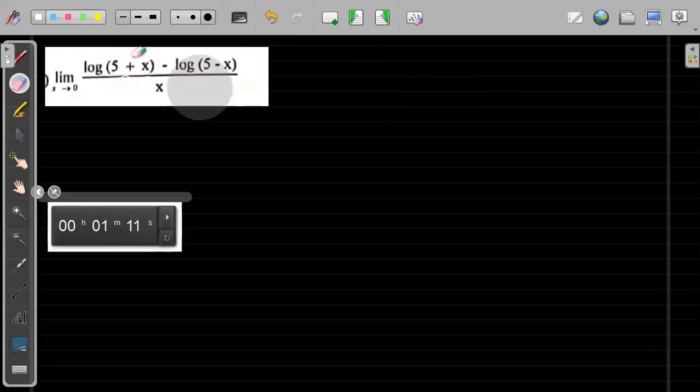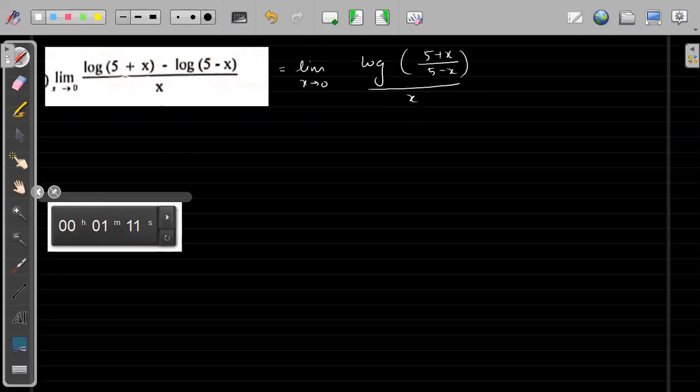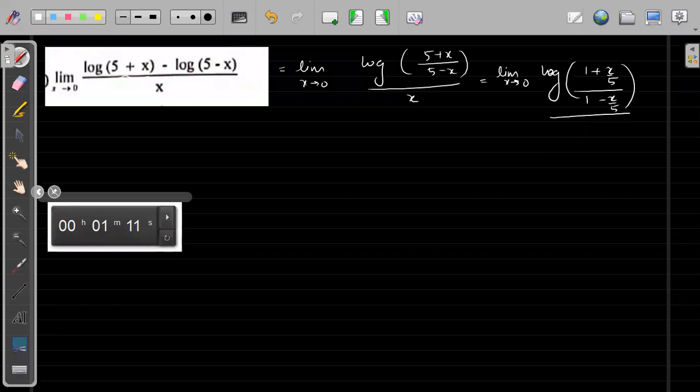There are two different methods, the same process but in two different ways. So limit of x tending to 0, we can write log of (5 plus x) divided by (5 minus x), divided by x. Now from the numerator and denominator I can take 5 common, so this will become limit of x tending to 0 of log of (1 plus x by 5) divided by (1 minus x by 5), this whole thing divided by x.